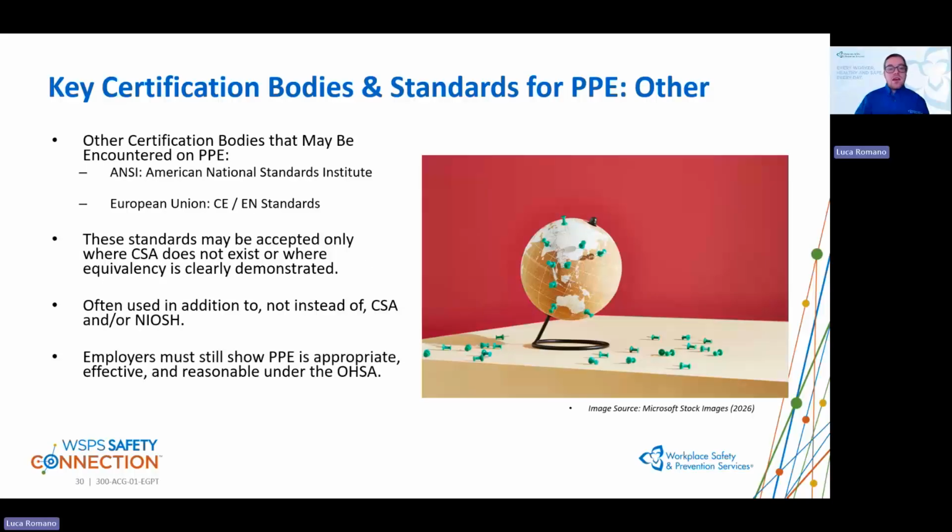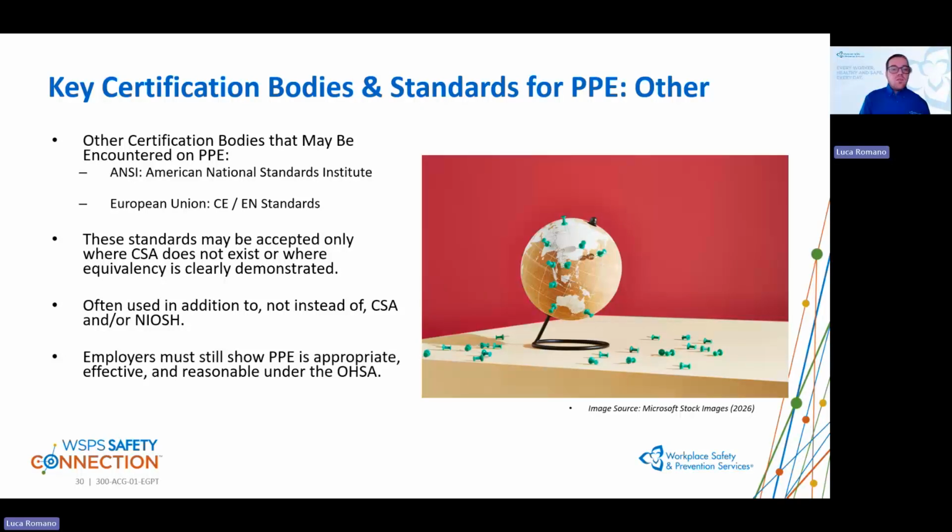The other thing is that there are lots of other types of standards that exist in the world when it comes to personal protective equipment. We're not going to cover each of those in depth, but for the most part, I put some of the more common ones that you might encounter. So you might encounter ANSI standards, or American National Standards Institute standards. You might also encounter standards from the European Union, so CE standards, EN standards.